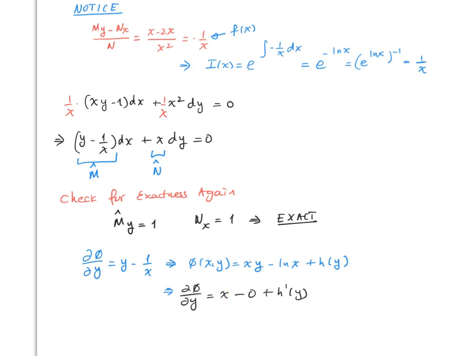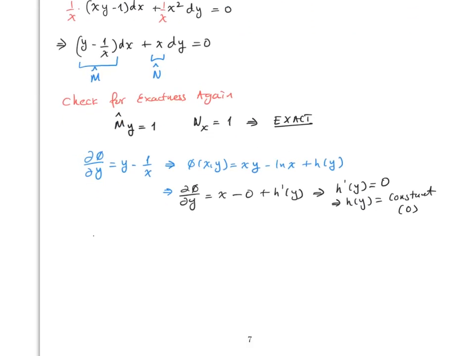Since x is all you need, that means h prime of y has to be 0, just like the first example we did, which means that h of y is a constant, but for lack of a better name, just use the value 0.